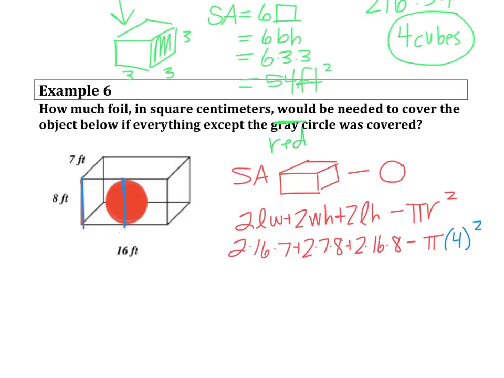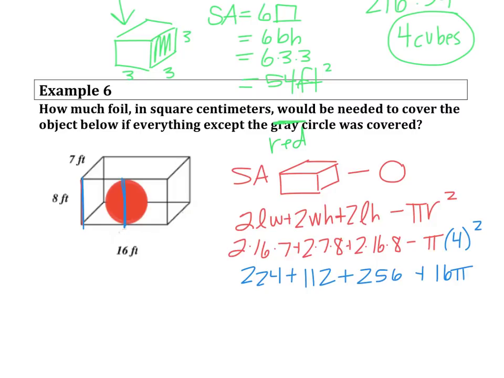2 times 16 times 7, 224, plus 2 times 7 times 8, 112, plus 2 times 16 times 8, 256, plus 4 squared is 16 pi.